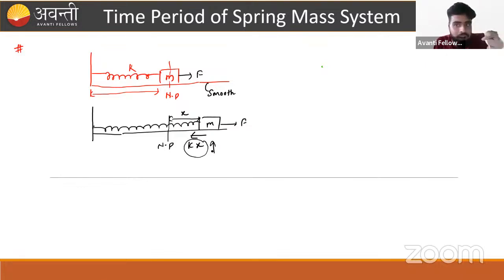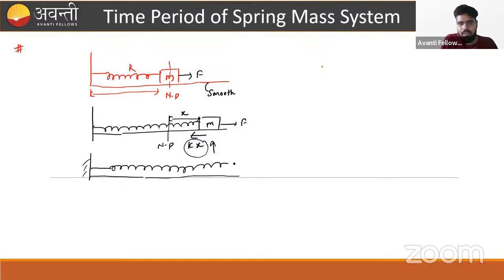So there comes a time when the external force will be equal to the spring force. And when the external force equals the spring force, what about the net force? At that time, the net force on the block will become 0. And this particular position we can say is the mean position. At this position, the spring will suffer x naught elongation.